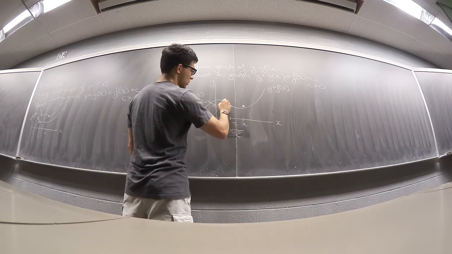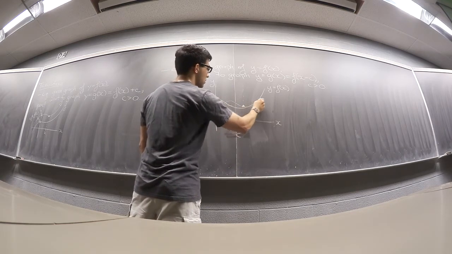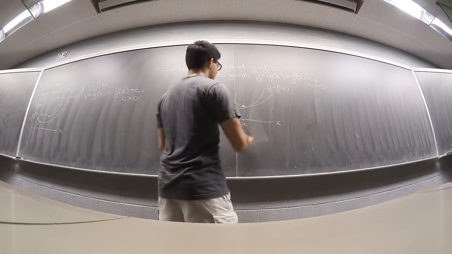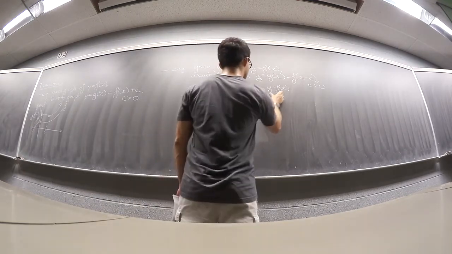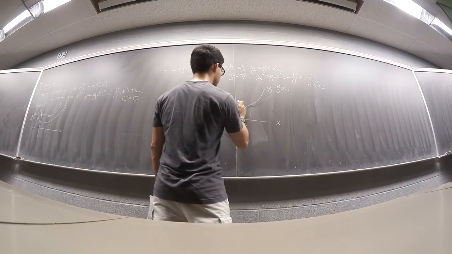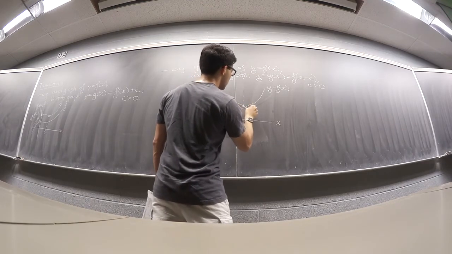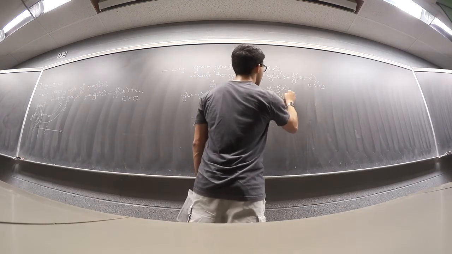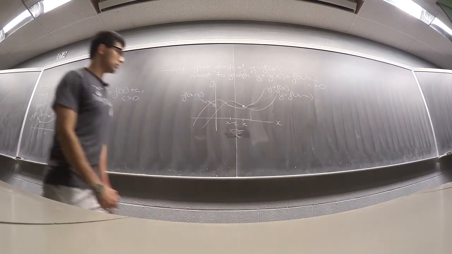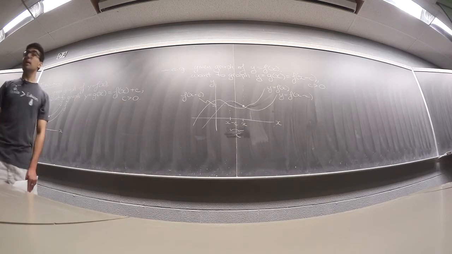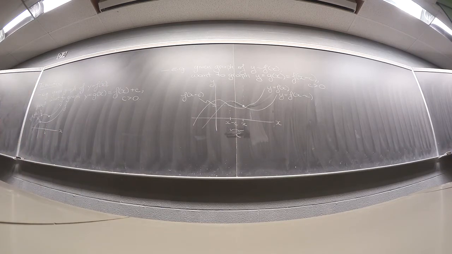So the graph of g is the graph of f shifted right by c units.